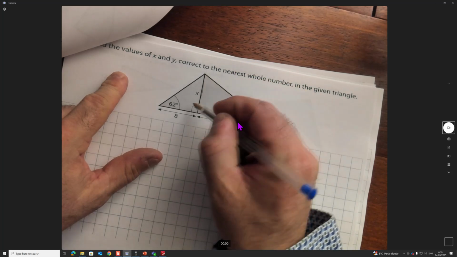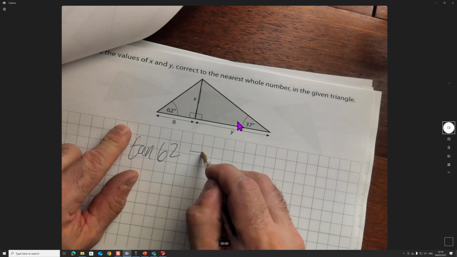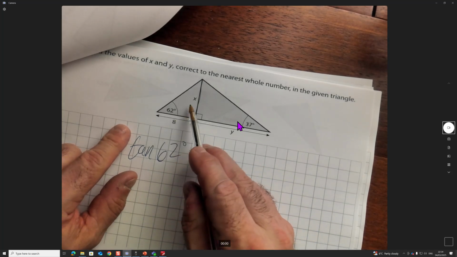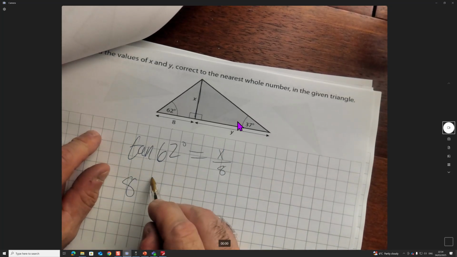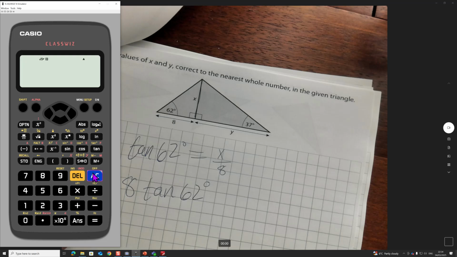Okay, where does x meet 8? Here. So let's write down the tan of 62 degrees equals x over 8. Bring up the 8. 8 tan 62 degrees is equal to 15.04.